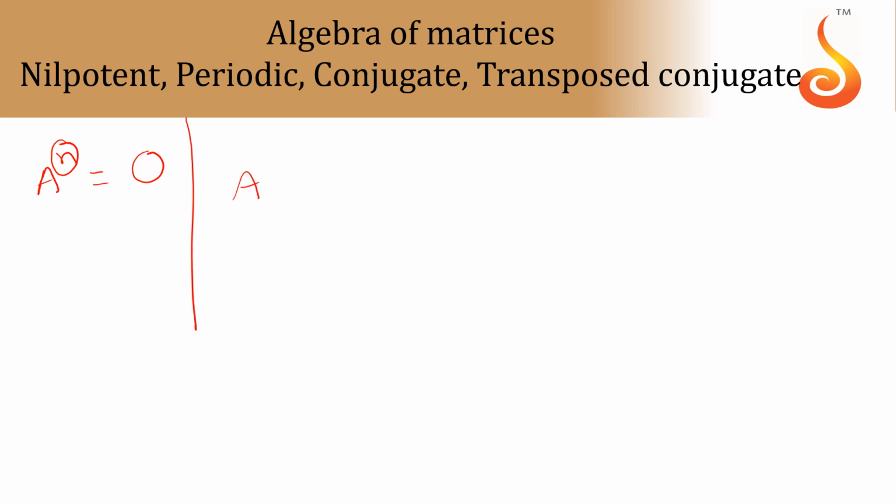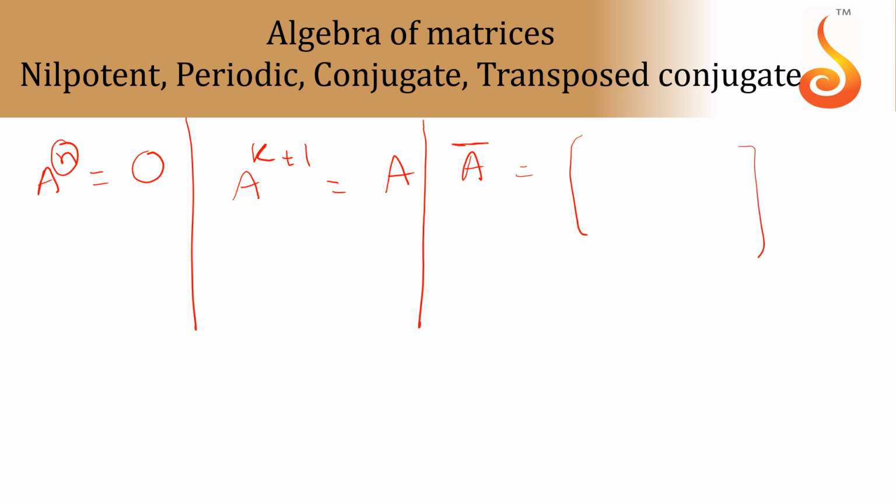Periodic matrix. Suppose A is a matrix; if A power k plus 1 gives A, it is called a periodic matrix with period k. The least such period is called the fundamental period. Then what do you mean by conjugate? If A is a given matrix, A conjugate means you replace all the elements with their conjugates.